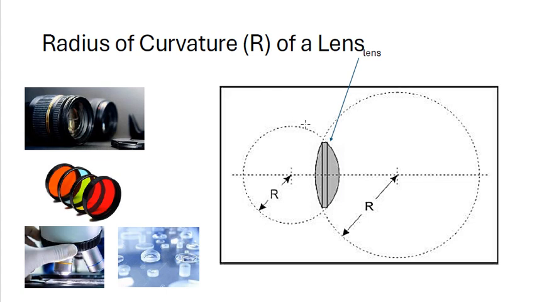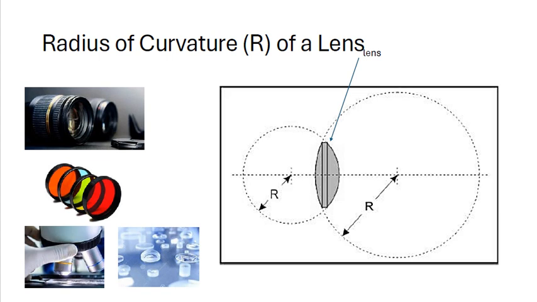So here you can see going this way, and then you can also see going this way, see the circle. So the radius of curvature for that lens is this. The radius of curvature for this lens is this.